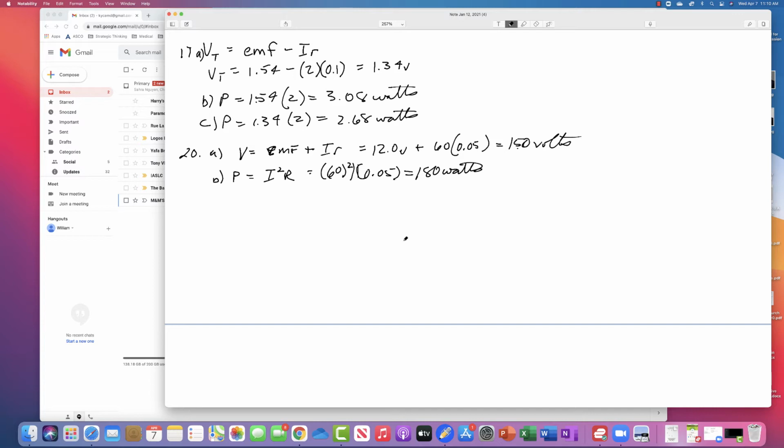At what rate is electric energy being converted into chemical energy? Okay, that's the part that's actually being used to produce the voltage. And so in that case, you use I times V, which is 60 times 12, since it's a 12-volt battery.